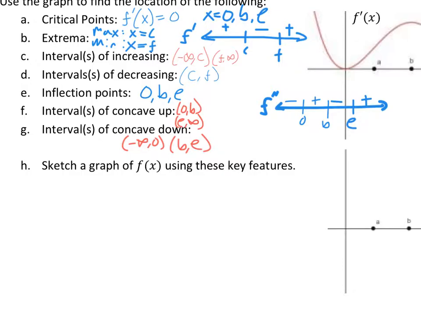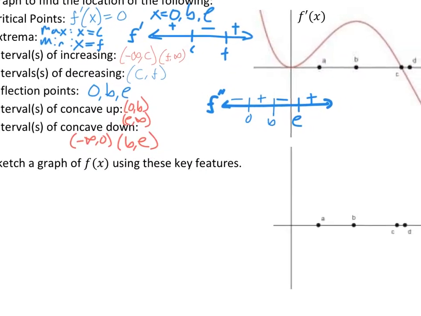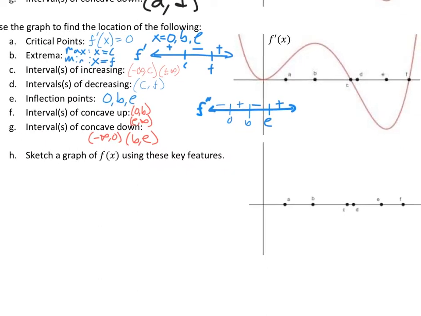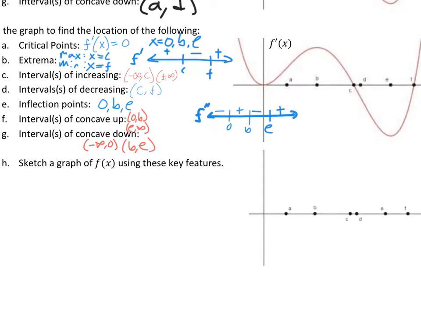So next, last but not least, let's sketch a graph using these derivative features, okay? So we know we have a max at C, somewhere at C we'll have a max. We have a minimum at F, all right?